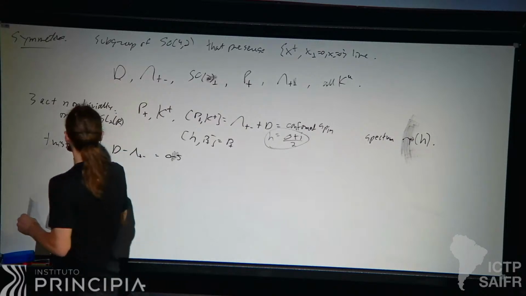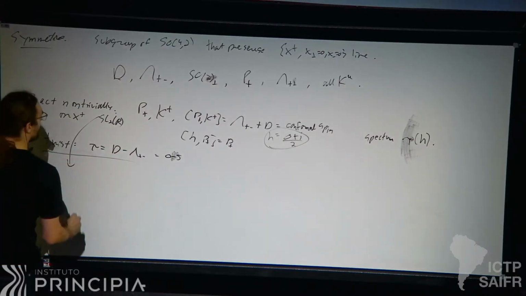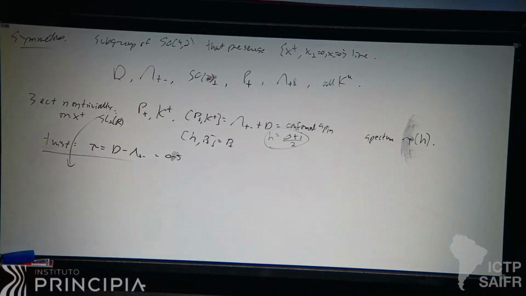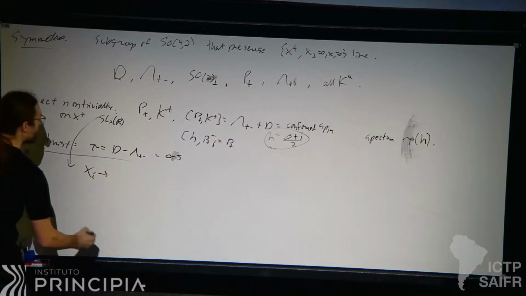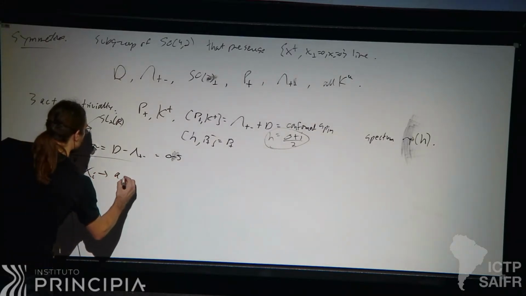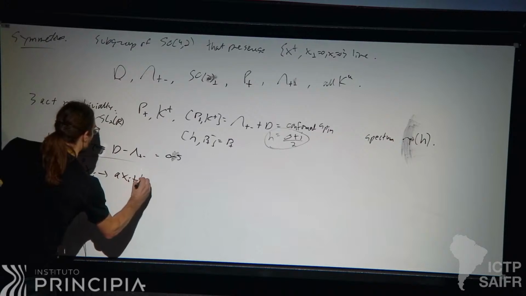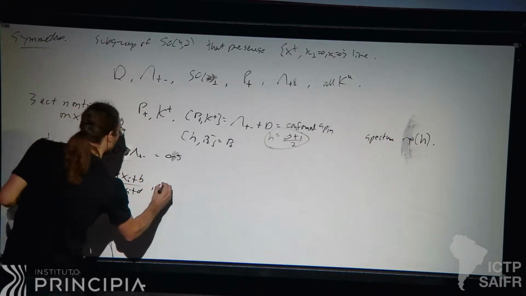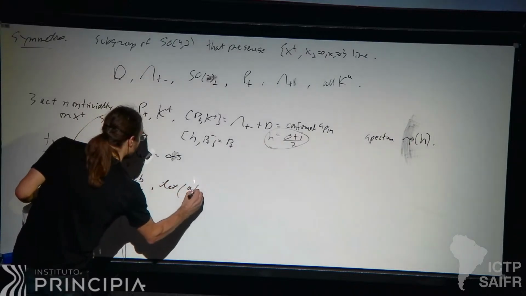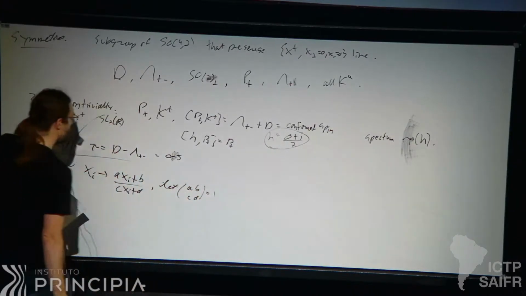This SL2R group, the way it acts on the points on the line, it acts by a Mobius transformation: xi goes to a xi plus b over c xi plus d, where the determinant of a, b, c, d equals 1.